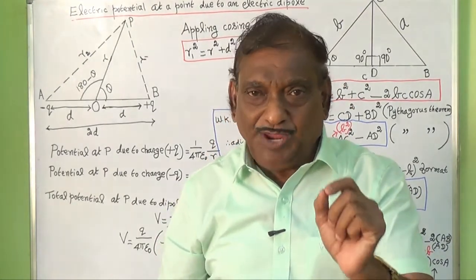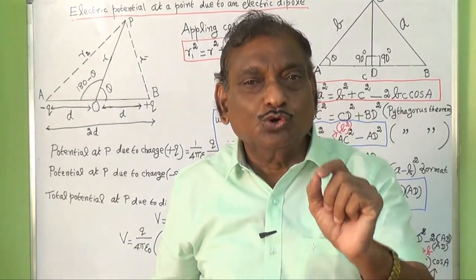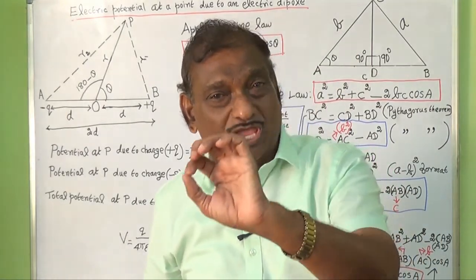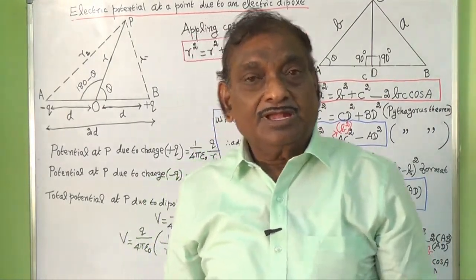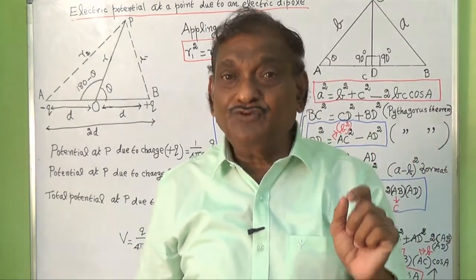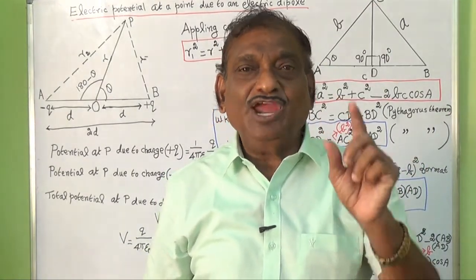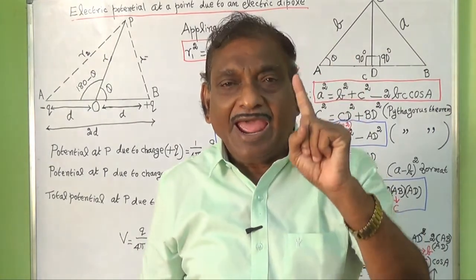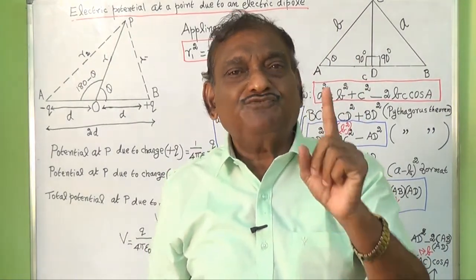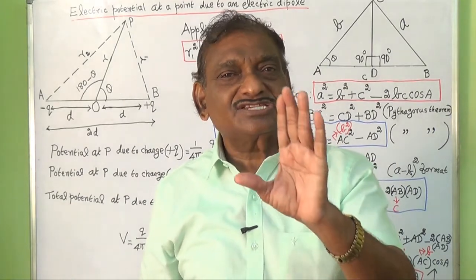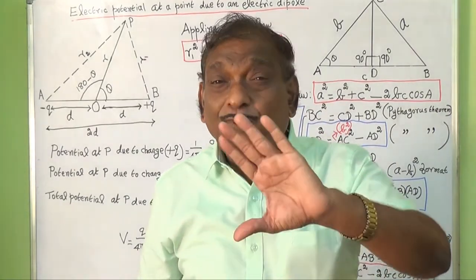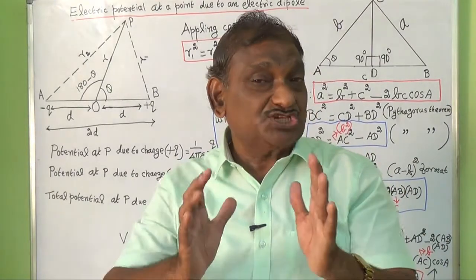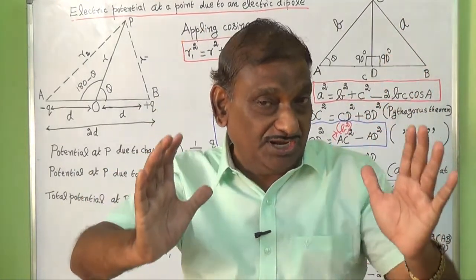That is, hypotenuse square equals opposite side square plus adjacent side square. Similarly, if we know the value of one side and one angle, we can find the other sides by applying the trigonometrical ratios in the case of a right angled triangle.